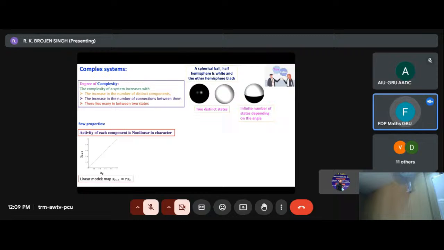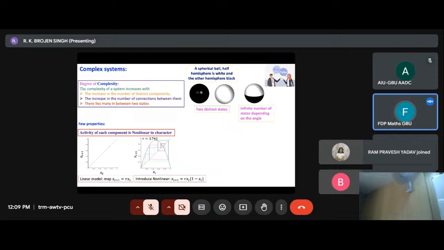This is a linear map. r is a constant parameter, and for different r, it is linear with equality at the origin. But if you add a particular non-linearity term, r x_t squared, then the system is nonlinear.